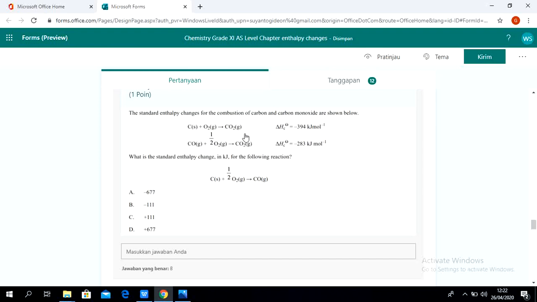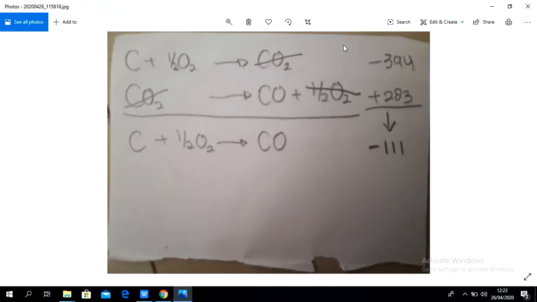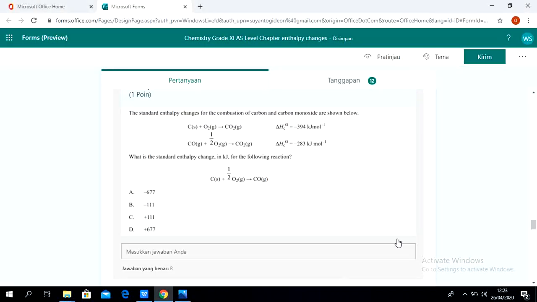We have to change the orientation of the second chemical equation. After we change the orientation, it becomes like this. Carbon plus oxygen become carbon dioxide. Carbon dioxide decomposes to become carbon monoxide and oxygen gas. So we do the total enthalpy. We found negative 111, according to the question. So the answer is B.